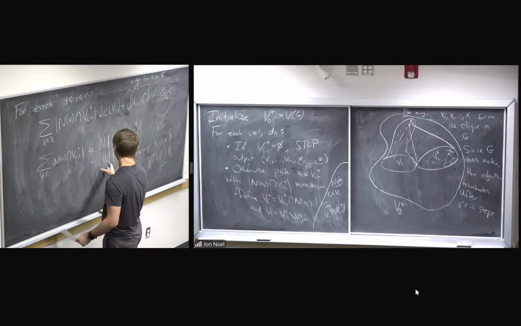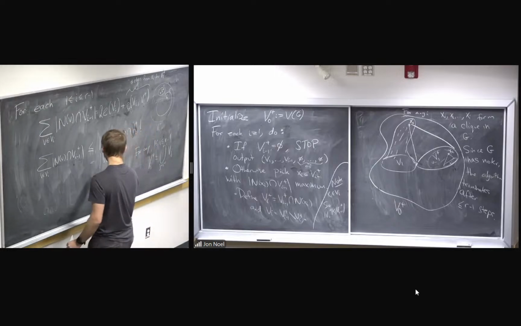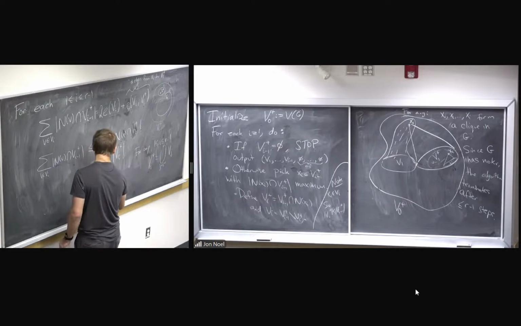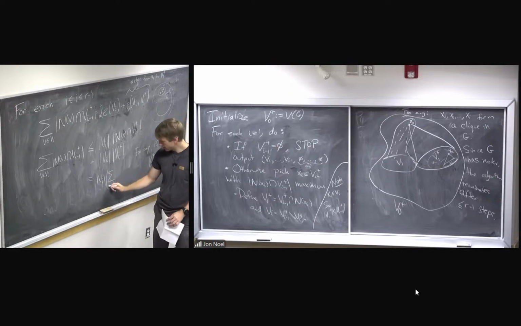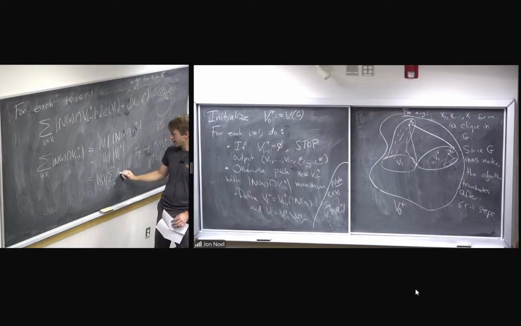So this quantity I can write as |V_i| times the sum from j equals i plus 1 up to r minus 1 of |V_j|, because this union is disjoint, since this is a partition.